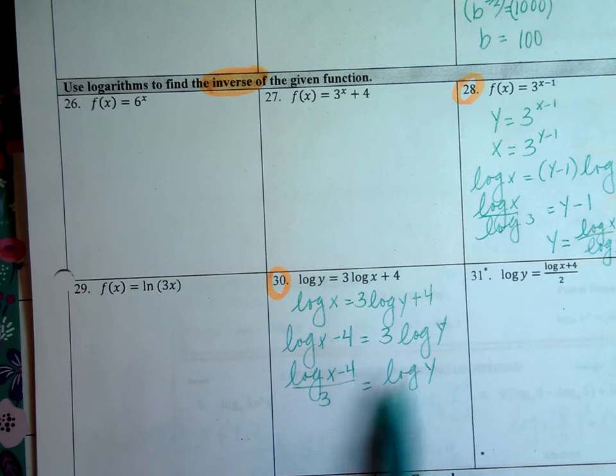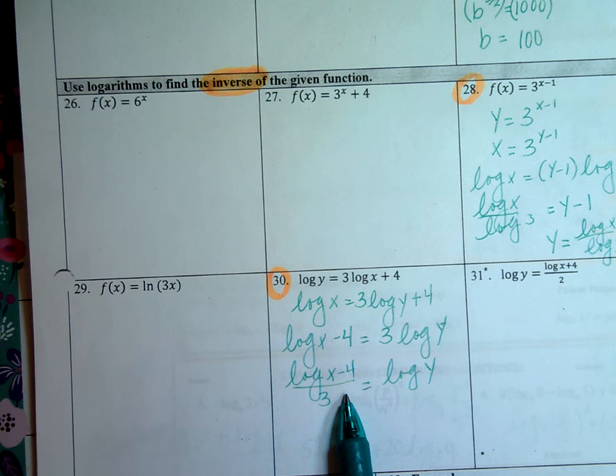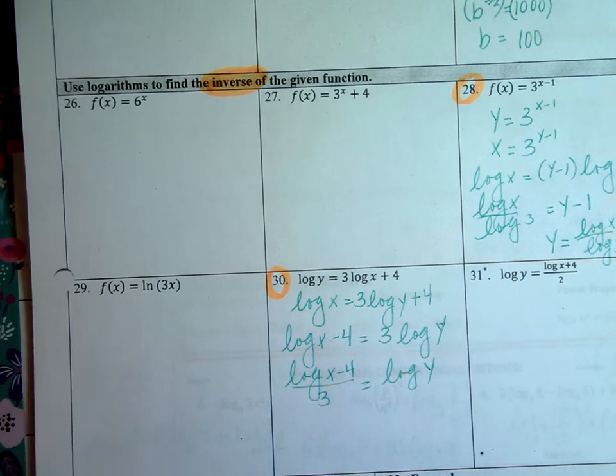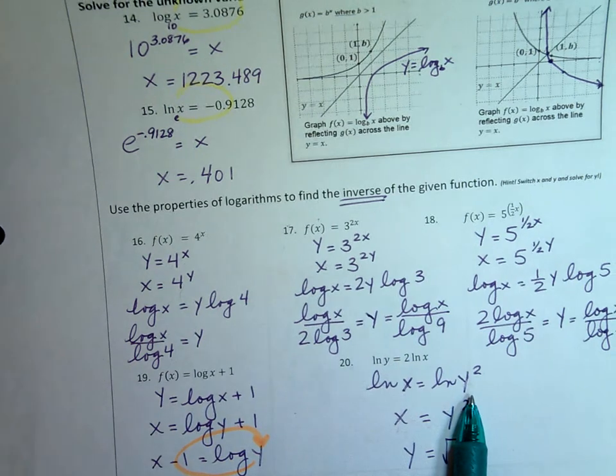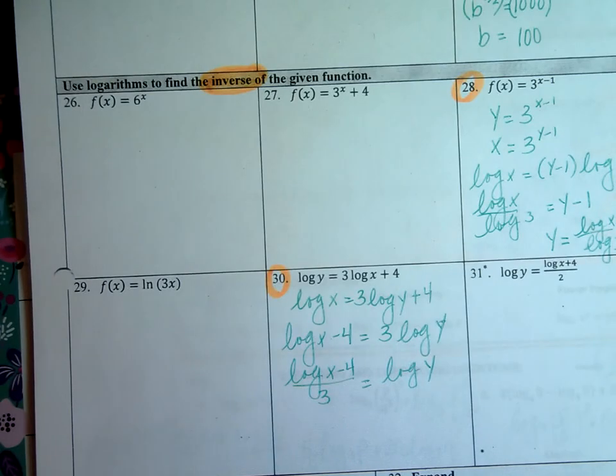So you can't just get rid of the log of both sides. I'm referring back to this one where we had the ln on both sides and it was just something simple. That was fine. I was able to just totally ignore that and not worry about it. But that's not the case in this one. This one's a little bit more complicated because it's got the divided by 3 and the minus 4.